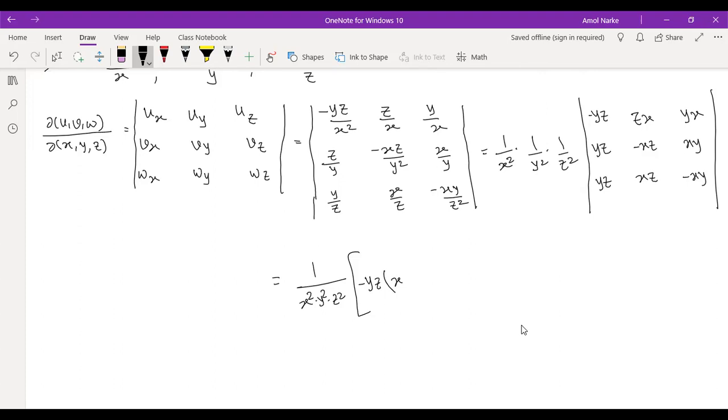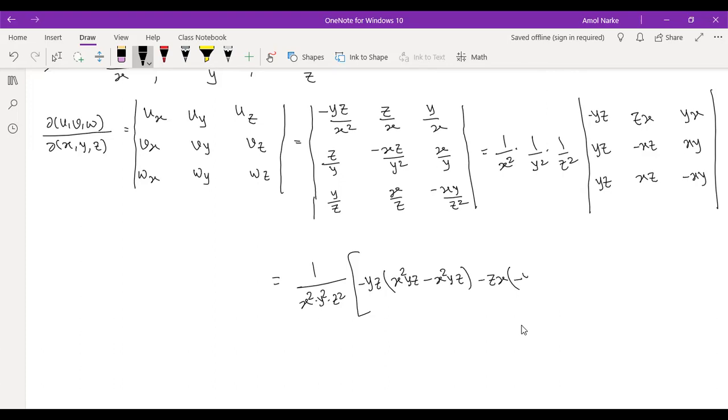Am I correct? And this is minus x square yz. Then we have minus zx. We delete middle row and first column, so product of this and this gives y square xz having minus sign.